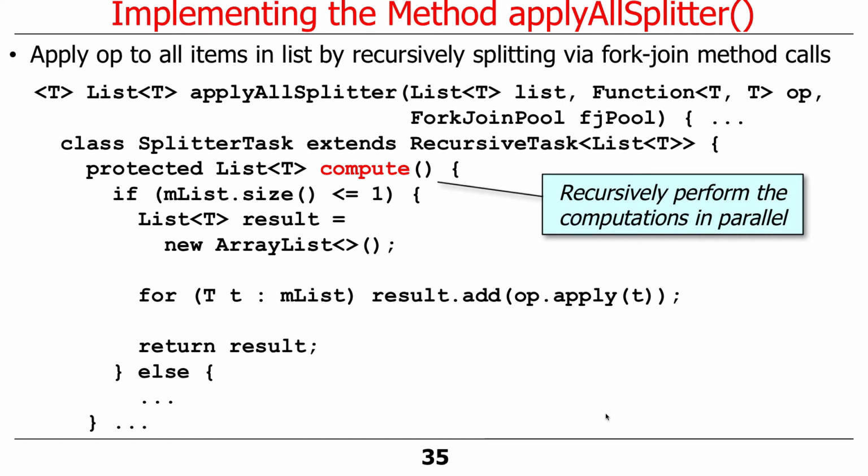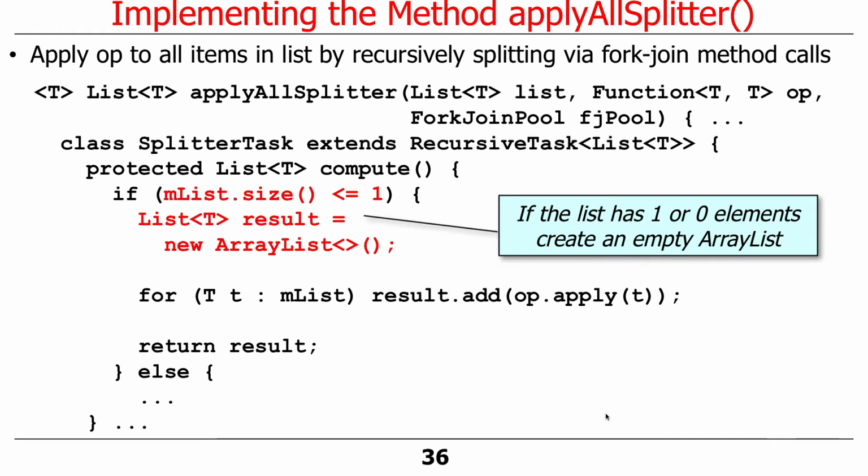Compute looks quite a bit different from what we saw before. What compute does is recursively perform the computations in parallel. So we come in here and we say, is the size of our sublist less than or equal to 1? If it's a big list, the answer is no most of the time. But you'll eventually get to a point where you've got one item in the list.